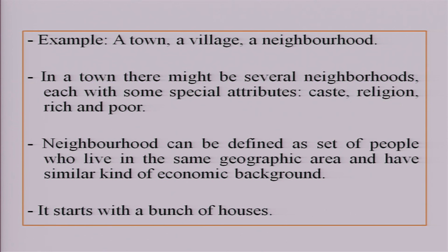We have talked about a term called neighborhood. Now let us understand what this neighborhood is. It is the set of people who live in the same geographic area and have a similar kind of economic background.